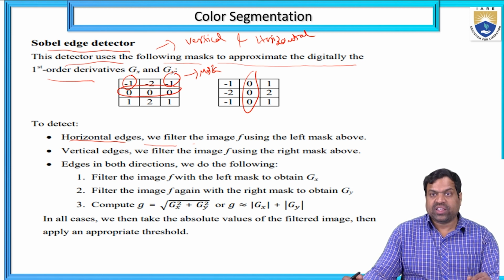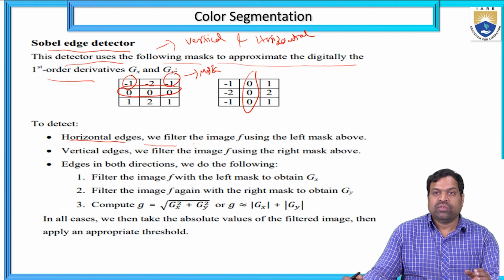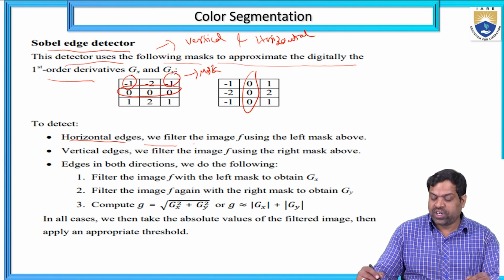First, filter the image f with the left mask to obtain Gx, and filter the image f with the right mask to obtain Gy. Then compute the square root of Gx squared plus Gy squared, or the modulus, |Gx| plus |Gy|. In all the cases, we can take absolute values of the filtered image, then apply an appropriate thresholding.